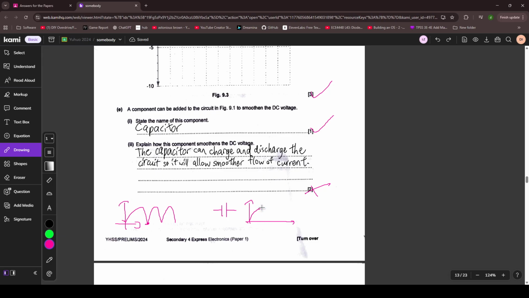It's going to go down a bit, but it can't discharge all the way because immediately it's the next charging cycle. And then it does this. And watch and marvel at the fact that now the output is smooth. So it is important to state that the capacitor takes time to charge and discharge, because if it did not, then it would just mimic the input voltage. There will be no point. It will not smoothen. So for this, I cannot give you a mark at all.